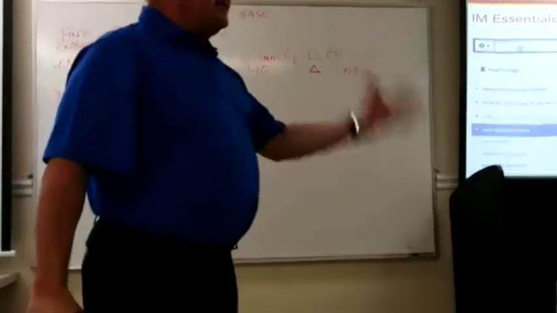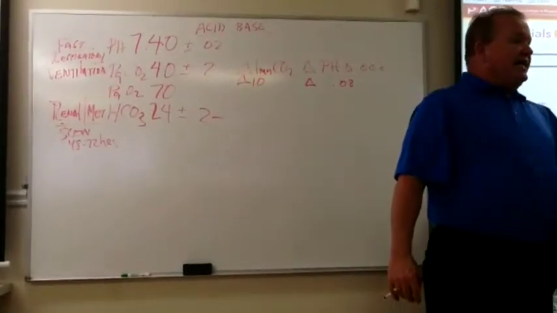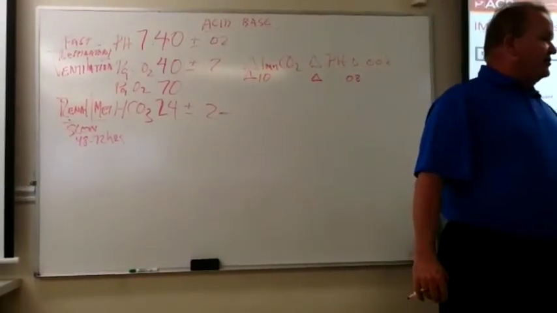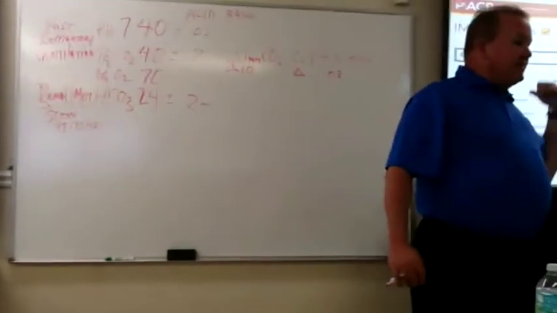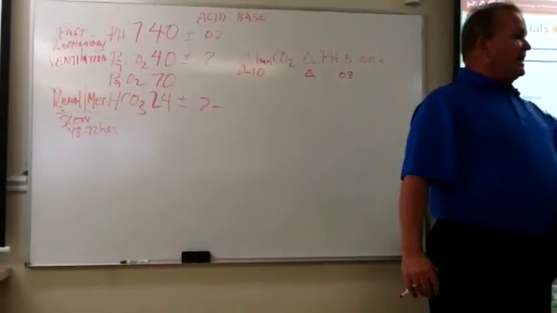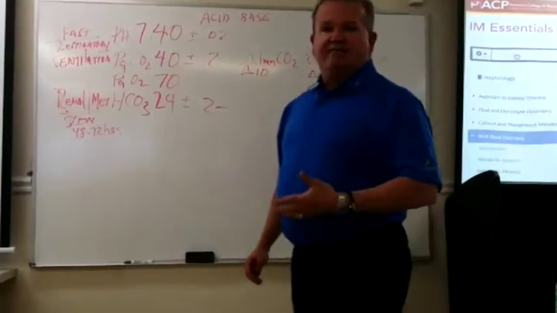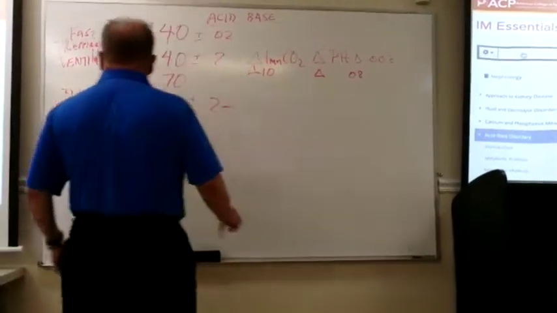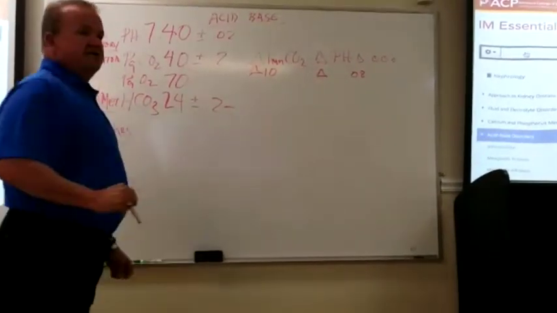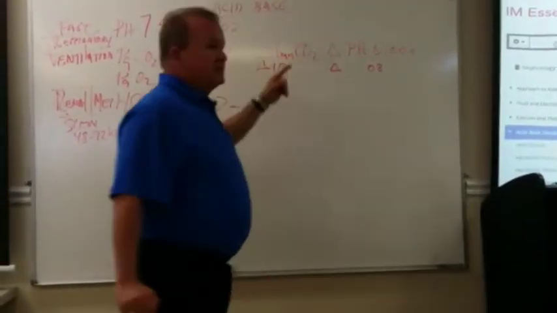So if I take my CO2 and I come up with a predicted pH for the change in CO2, if it matches, it's a respiratory disorder. If it doesn't match, if my pH is higher than my predicted, I have a metabolic alkalosis. If it's lower than I predicted, I have a metabolic acidosis. Simple enough, right? Any questions so far? Okay. If it's within 0.02, it's a pure respiratory, acute or chronic.